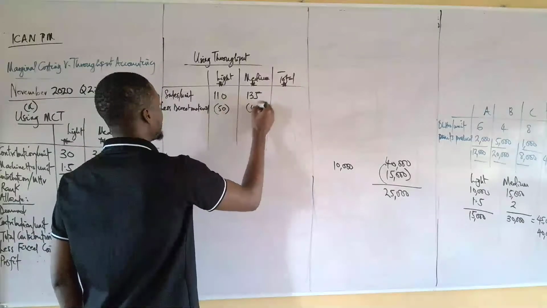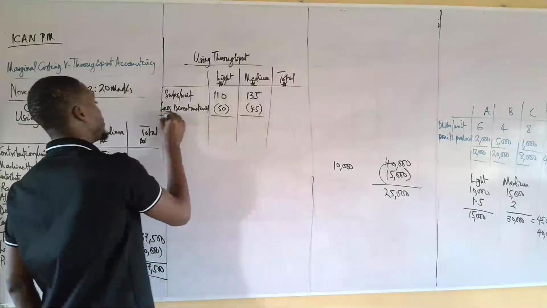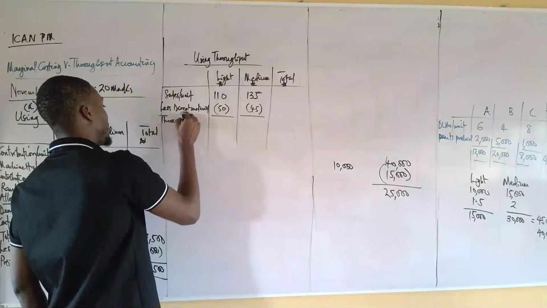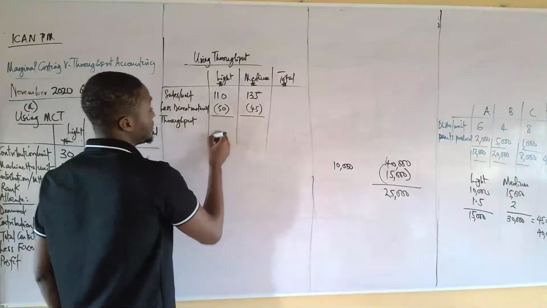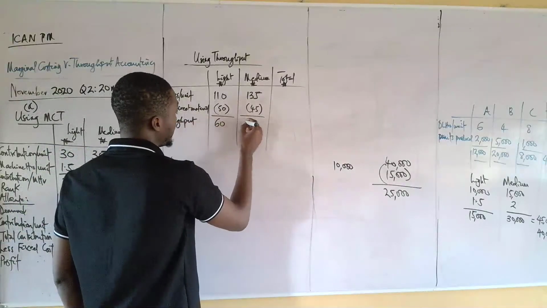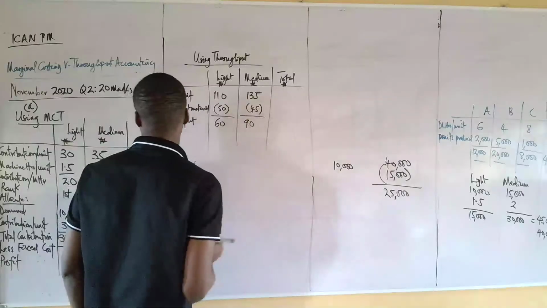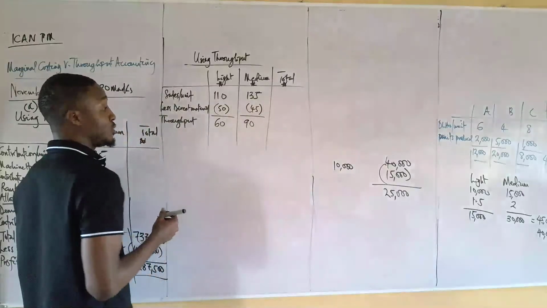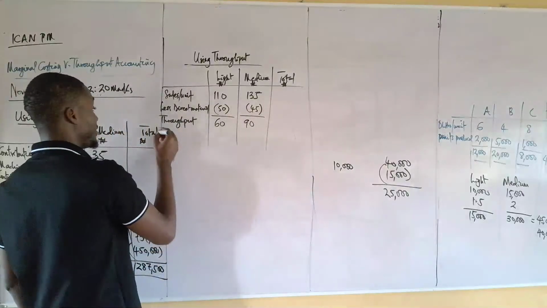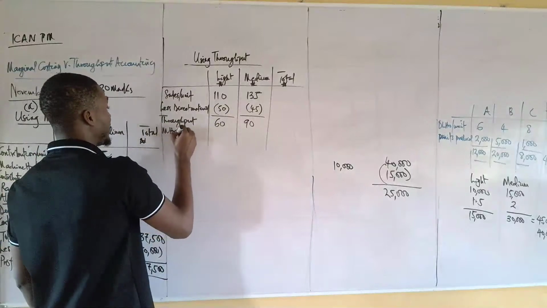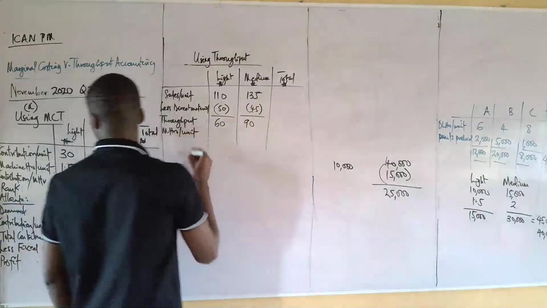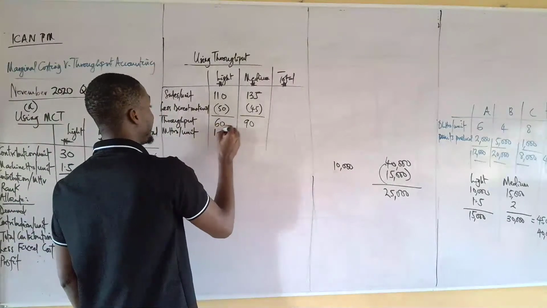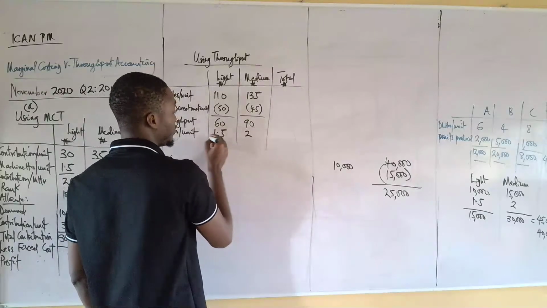So this gives us our throughput, which is what? 60 and 90. Next is to calculate the throughput per bottleneck resource. Bottleneck resource is machine hours per unit, which is 1.5 and 2.